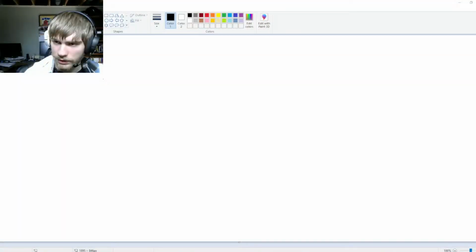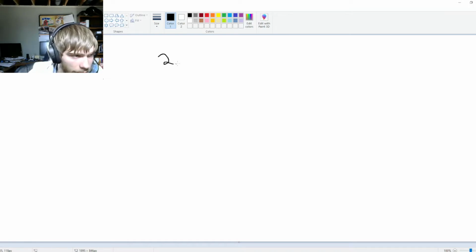So let's switch over to this Paint scene so I can show this. Our first example, where I'll go through it with you, is a car that costs $20,000 and the interest on it is 6.5% monthly.